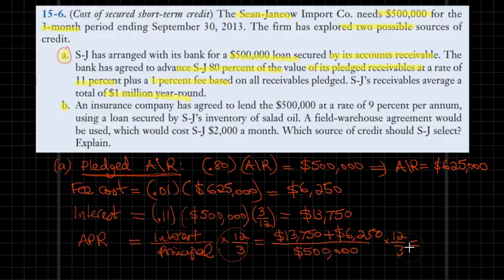Finally, we get the rate of 16%. So that would be the rate under the pledged accounts receivable.